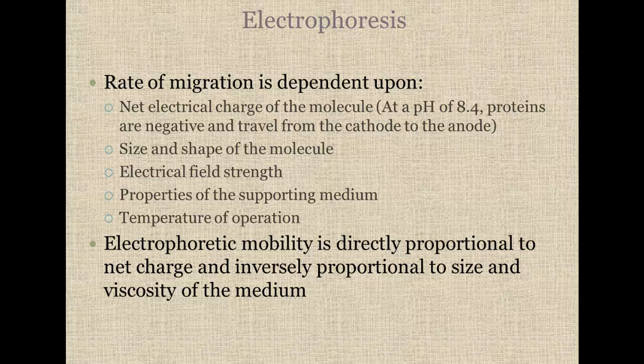If you have too much electricity, it's going to run super fast. If you don't, it's going to go really slow. You have to look at the properties of the supporting medium. Sometimes it's too thick, sometimes it's too thin, so you want to make sure it's just right. And the temperature. You don't want to be too hot or too cold. The electrophoretic mobility is directly proportional to the net charge and inversely proportional to size and viscosity of the medium.